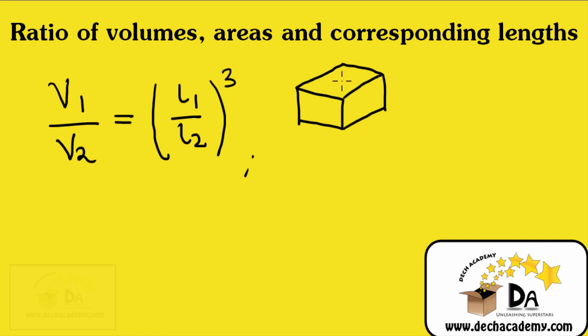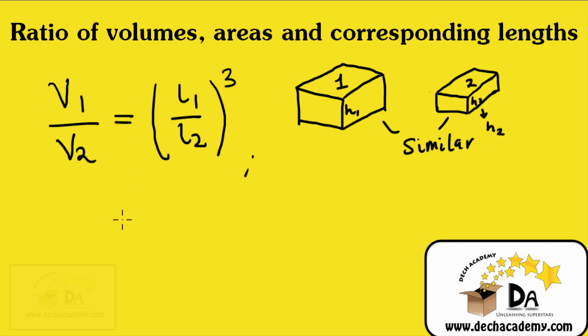This is cuboid 1, and another one, a smaller one, let's call this cuboid 2. If you're told that the two cuboids are similar, so the key thing is they must be similar, and say you know the height of this cuboid is h1, and the height of this cuboid is h2.